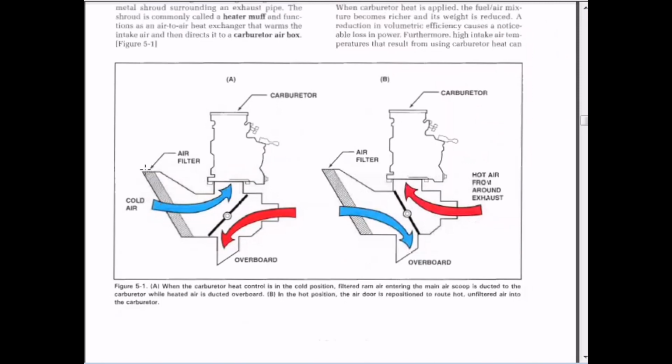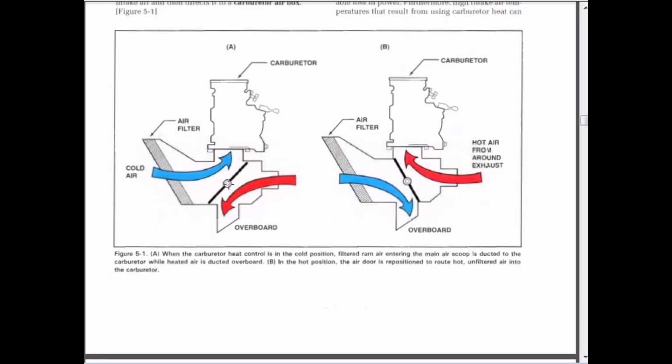Here I want to show you the picture of the air scoop. This is the air scoop, where the outside air goes into your engine. This is an updraft.